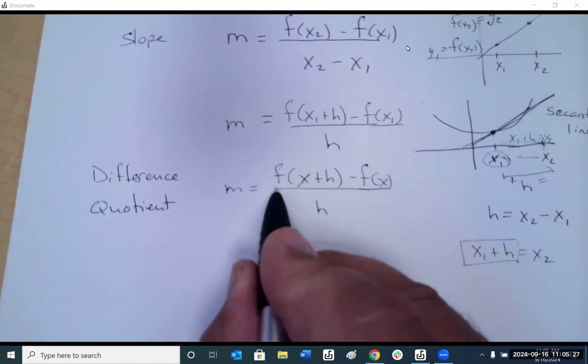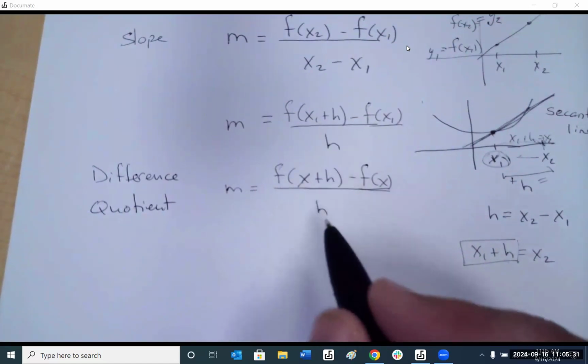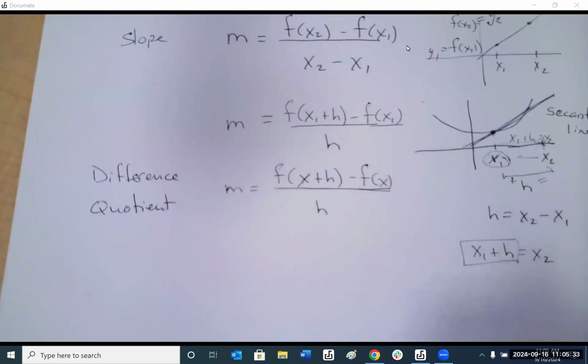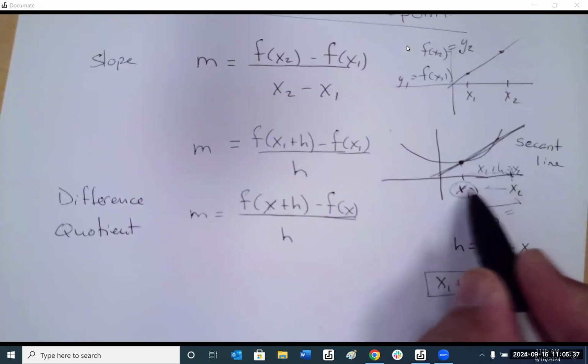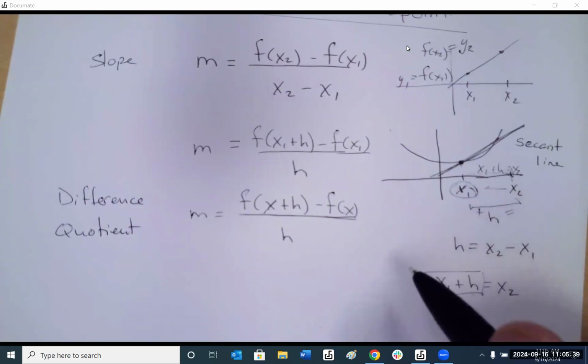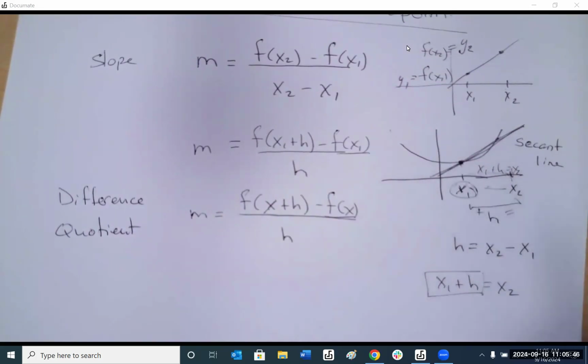But how do we get rid of h? H is a distance. Eventually, how far do we want x1 and x2 to be apart? Remember, we only want the slope of that point there. So how wide do we want them to be apart? 0.